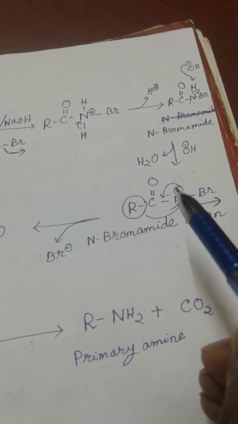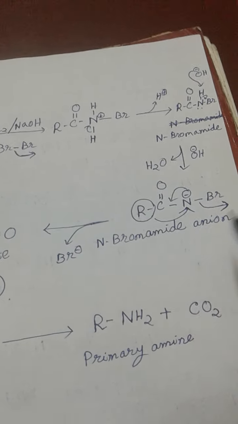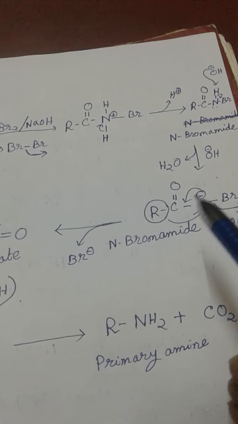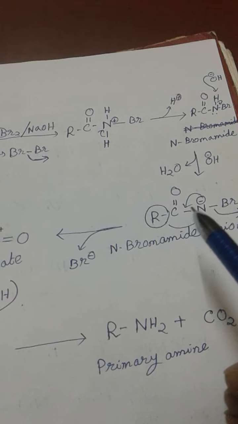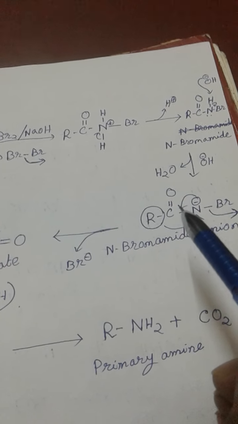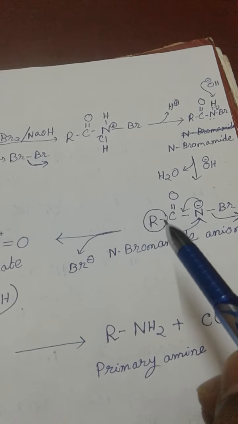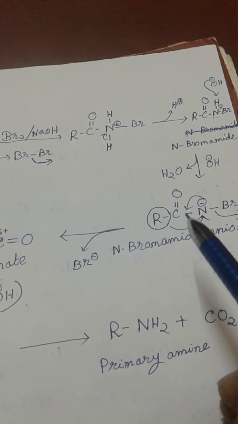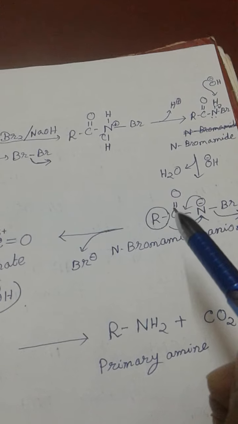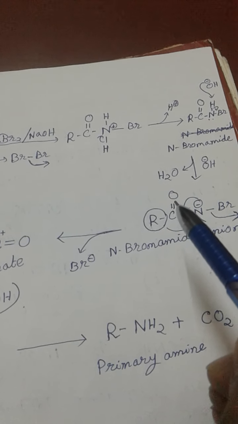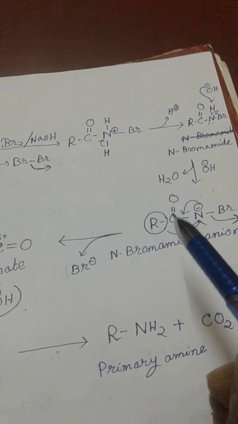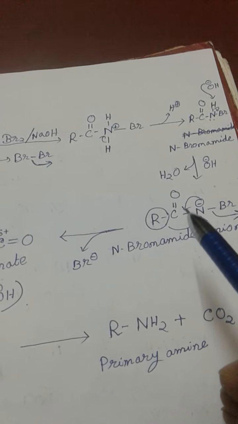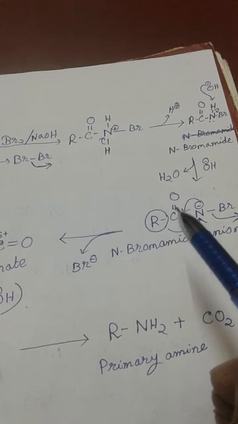Next step is the rearrangement reaction, and the negative charge of the nitrogen atom forms a double bond between C and N. The carbon already has 4 bonds, two of them in the double bond between C and O. If the minus charge forms another bond, carbon would have 5 bonds.